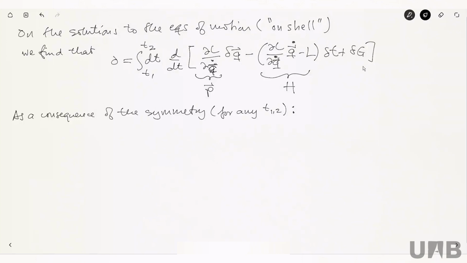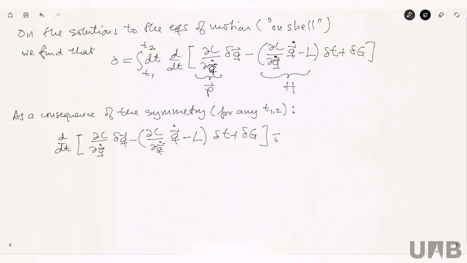So that means that the integrand now has to be zero. So d/dt of dL/dq dot delta q, minus dL/dq dot times q dot minus L, times delta t, plus delta g has to be zero, or in other words, this thing has to be a constant of motion. This combination here has to be a constant of motion.